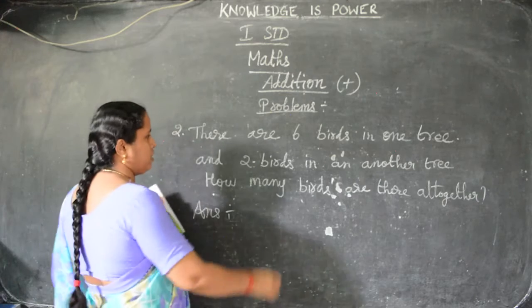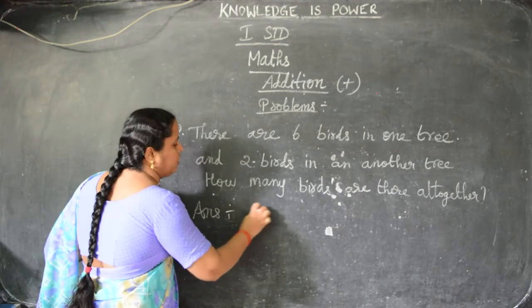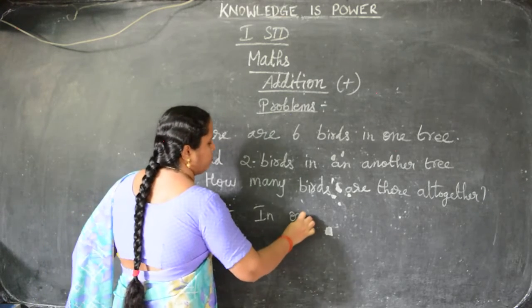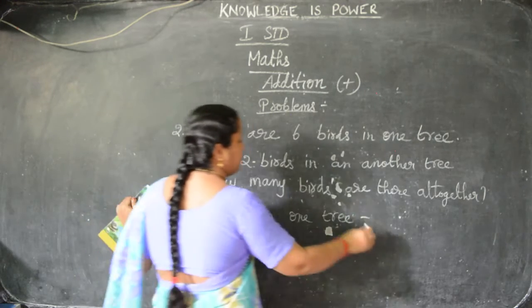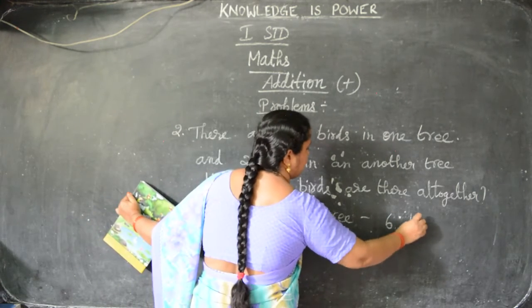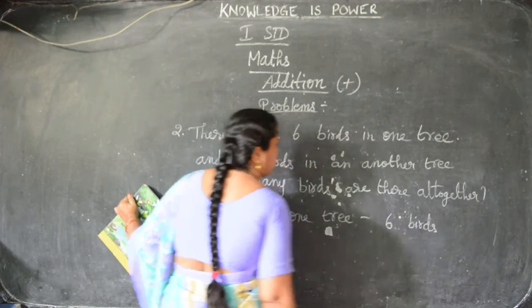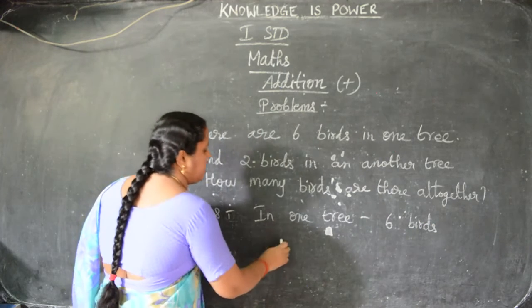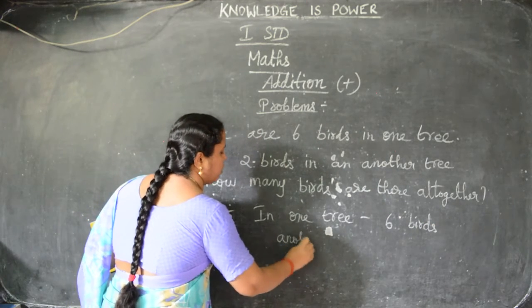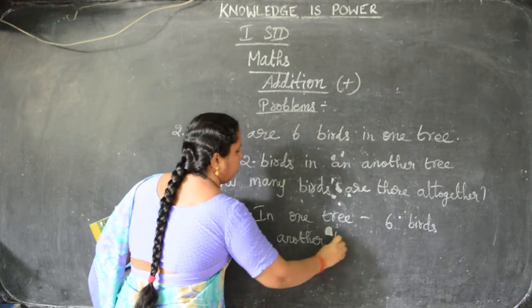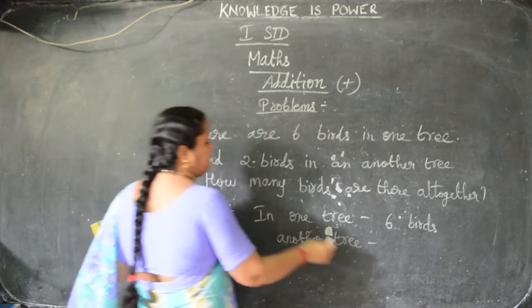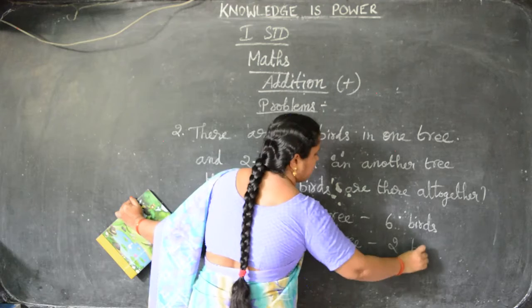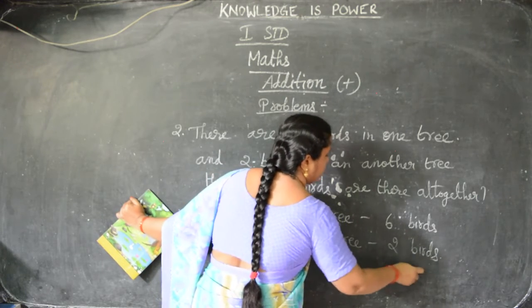How do you write? Listen. In one tree, how many birds? 6 birds. So 6. In one tree, 6 birds. In another tree, how many birds? 2 birds.